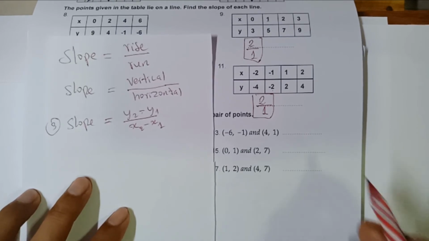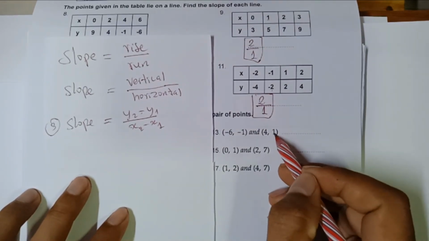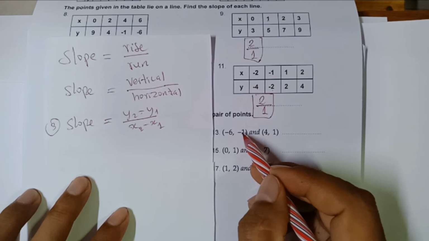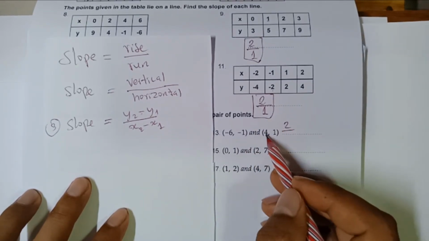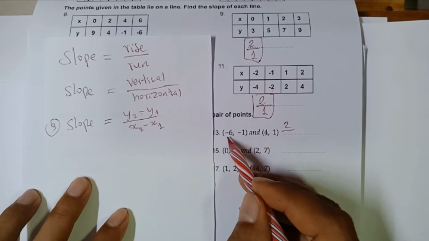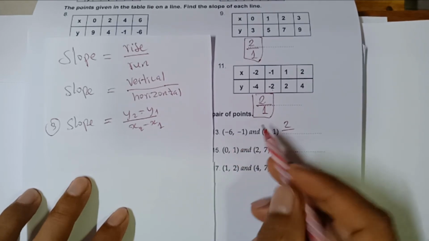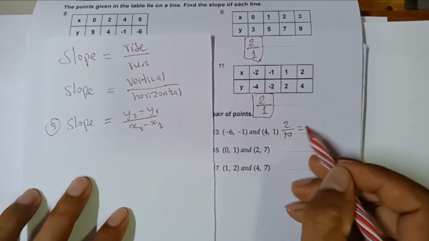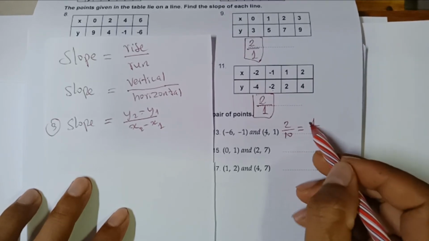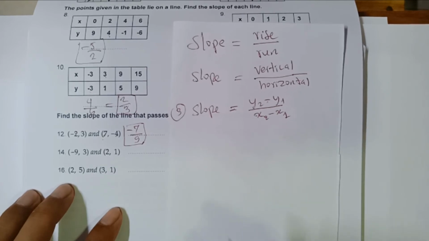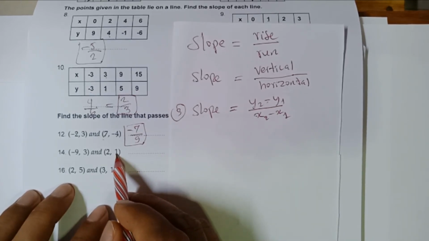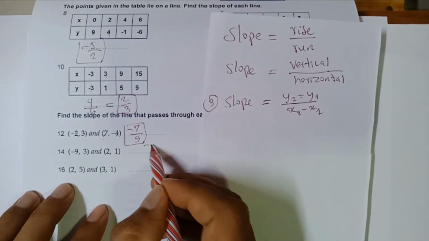Number 13. 1 minus -1, which is 1 plus 1, becomes 2. Over 4 minus -6, which becomes 4 plus 6. We have 10. Simplify it and you have 1/5. Number 14. 1 minus 3, you have -2.